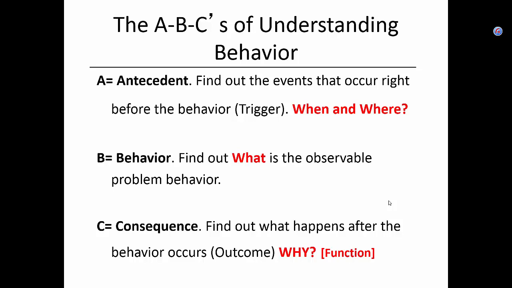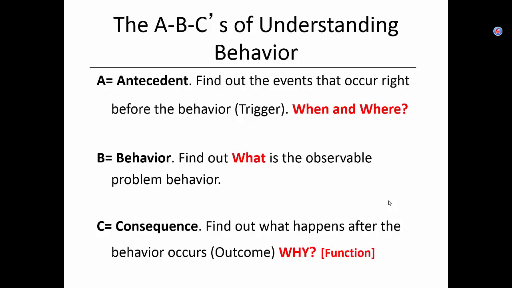And finally, we'll look at the consequences or the outcome of the behavior, and this is again from the lens of the student. So from the student's perspective, why are they engaged in the behavior? What's the function of the behavior for them, the purpose that the behavior is serving? As students are engaging in behavior, there's usually an immediate response following that behavior or in pretty close proximity that's meaningful to the student.